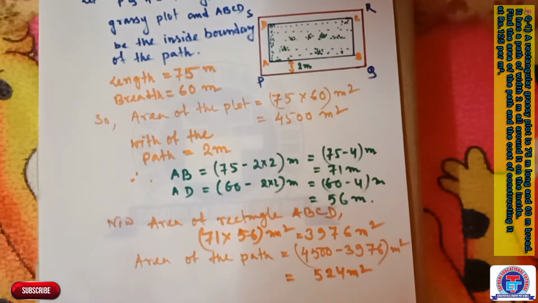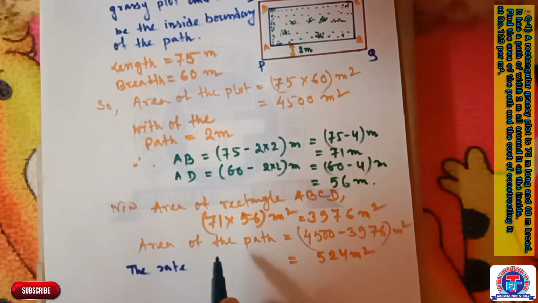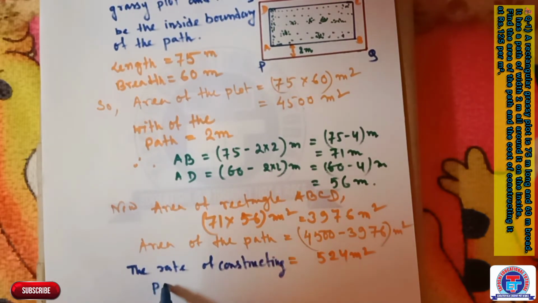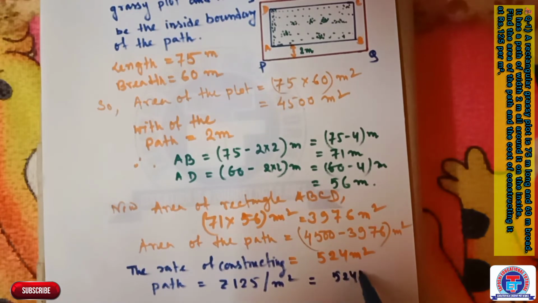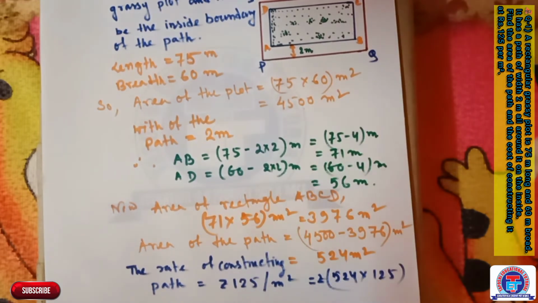Okay, the rate of constructing the path is equal to rupees 125 per meter square. That means it will become 524 into 125 rupees, correct?